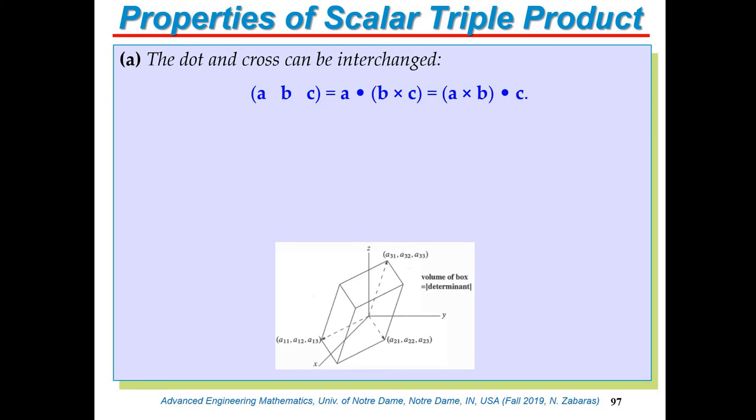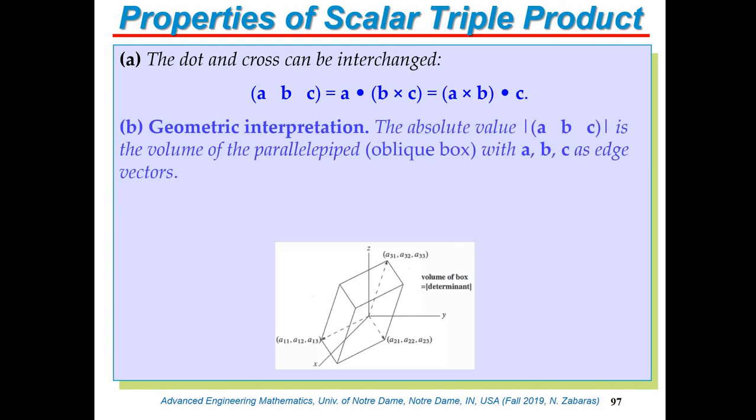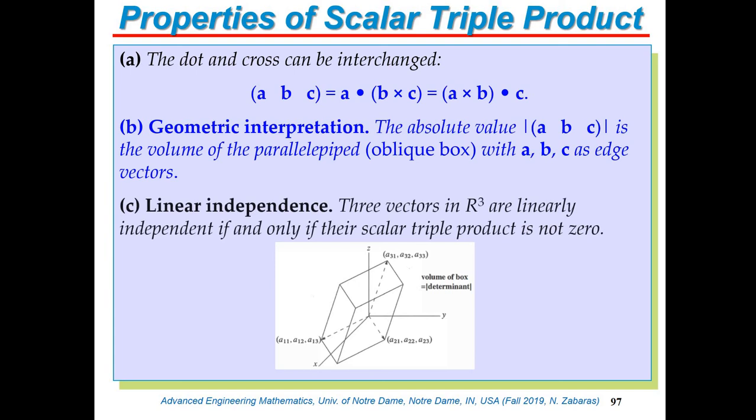Also, because here we're talking about volumes and determinants, you can pose the linear independence between the vectors A, B, and C as when the volume of the parallelepiped formed by these three vectors is non-zero. So if you get a non-zero determinant and non-zero volume, you can say that the three vectors are independent.